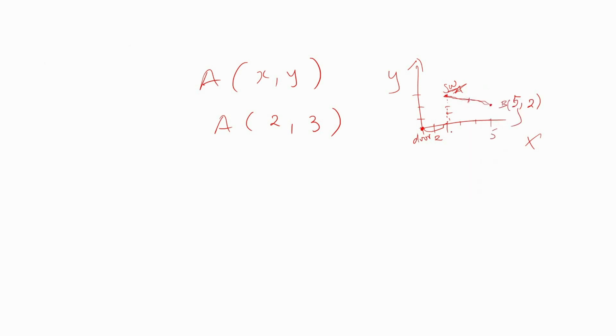Now, I can calculate the distance from this location to this location. Let's have a segment drawn there. This is the segment between A and B. Which distance? How far? How can I move when I am located in A and I want to move to B? You see, that is information. You need to know how far this point is from that one. For example, in our real life, you can travel from Kigali to Huye.